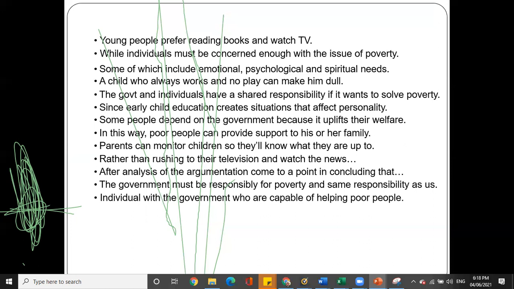Individual with the government who are capable of helping poor people. Okay, so yeah, it's another one of those dangling modifier stuffs. I still can't remember what they call it. Nobody remembers.